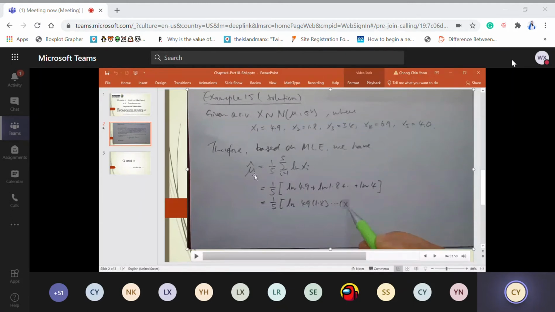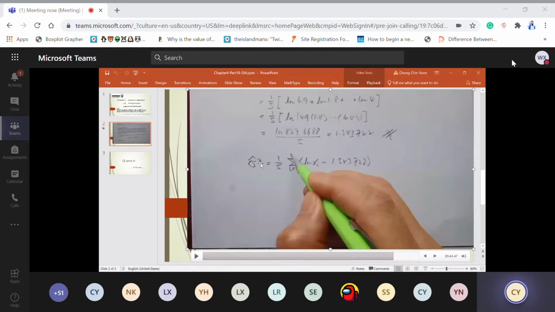But in log normal, the mu is not the mean, and the sigma square is not the variance. If you want to know the mean or the variance, go to table C, look at the log normal, and you will get the formula. You can calculate the variance by taking the second raw moment minus the first moment squared. Here you will get it.